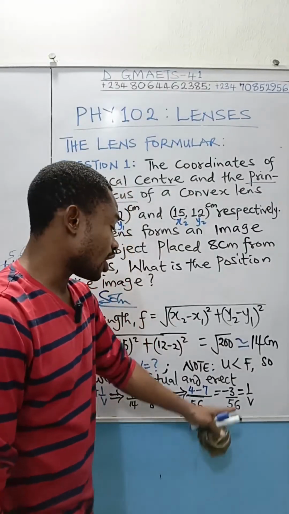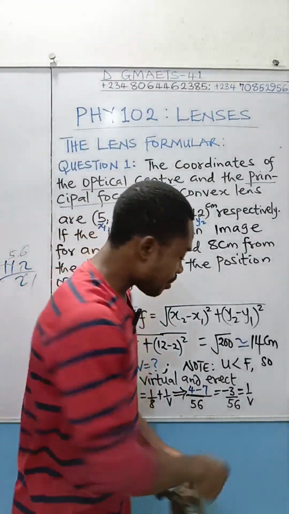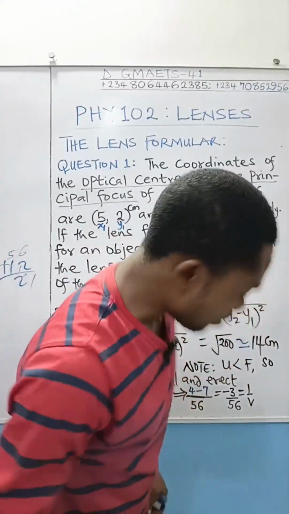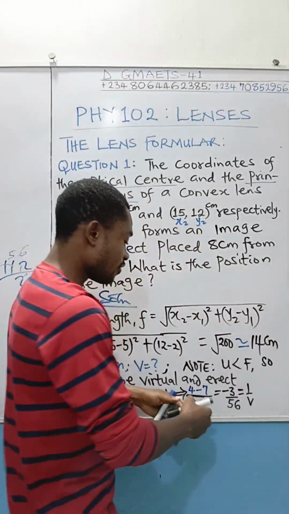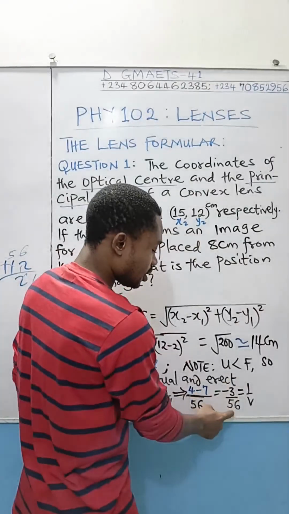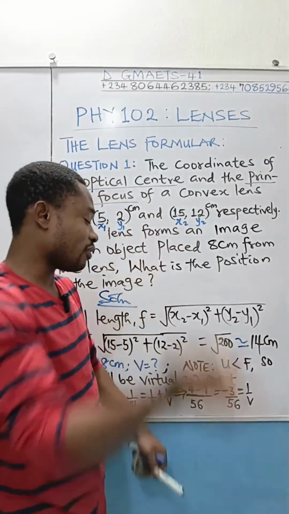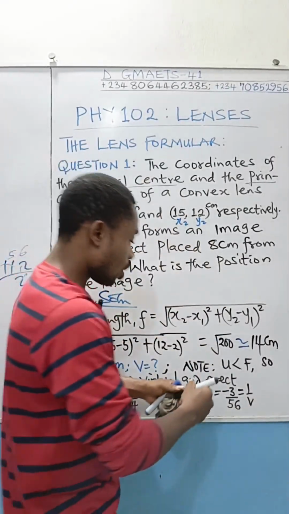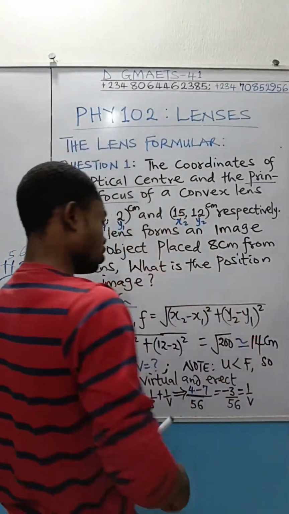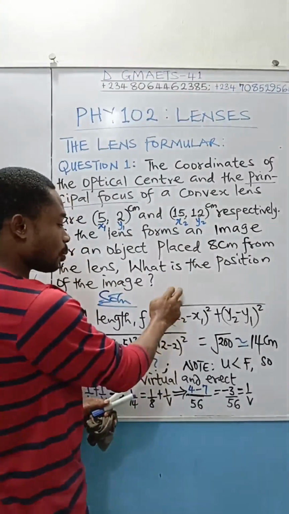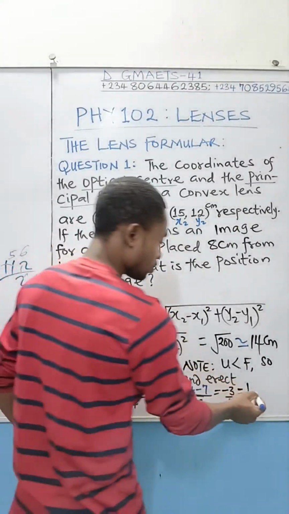So let us conclude. To get our v here now, can I manage this space? Because to get your v, you have to inverse. Just take v up and bring this 3 down. Take 56 up. So I can conclude that. How will I do that? Should I take it up here? I think I'm going to do so.